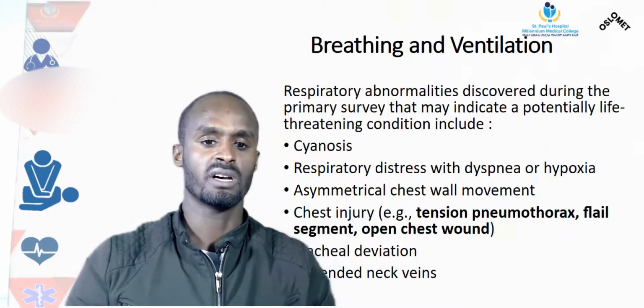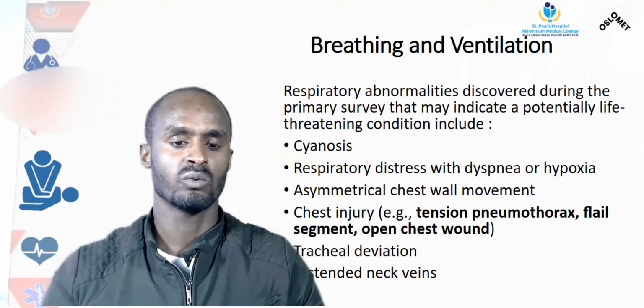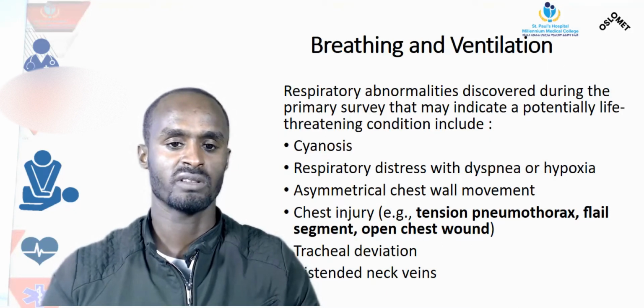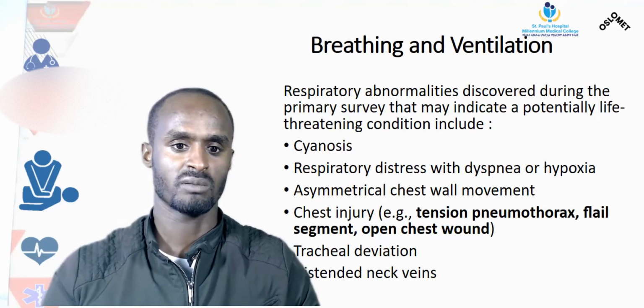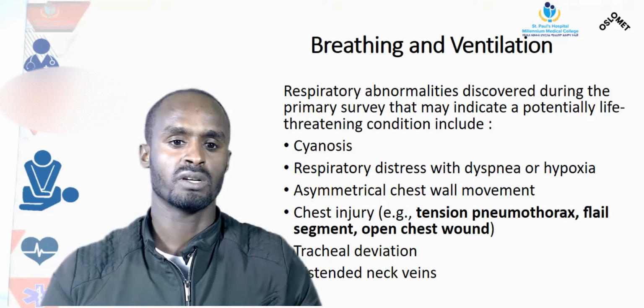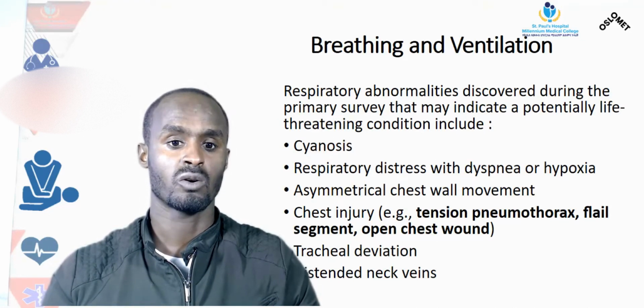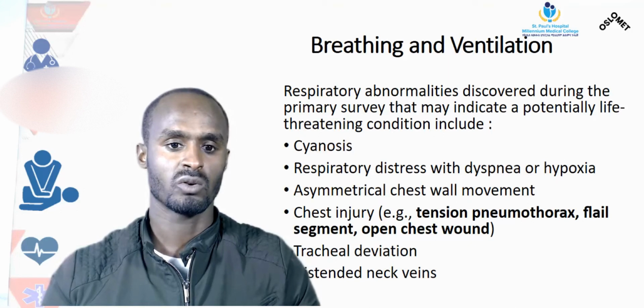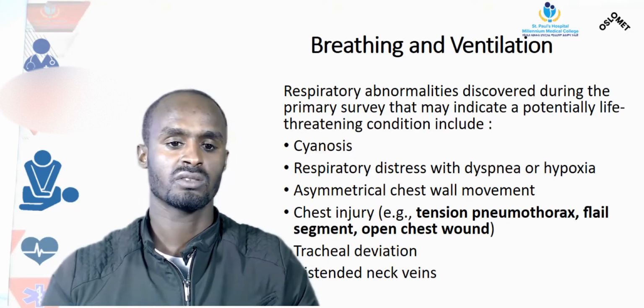After opening the airway, we proceed to the assessment of breathing and ventilation, and immediately treat if there is any breathing abnormality. During breathing assessment, we have to discover potentially or actually life-threatening conditions. The patient may develop cyanosis, which is a late sign of hypoxia.